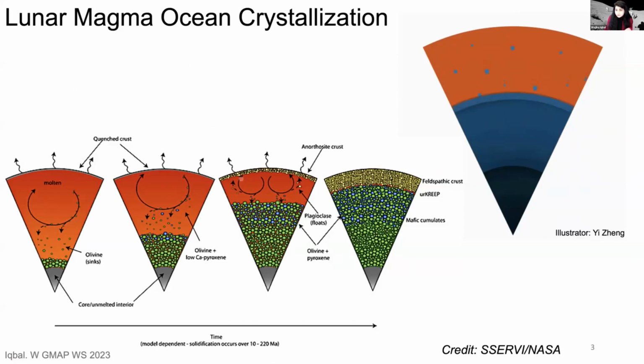The residual of the magma ocean was enriched with potassium, rare earth elements, and phosphorus, which is known as KREEP. This layer was sandwiched between the heavy minerals and the lighter minerals.